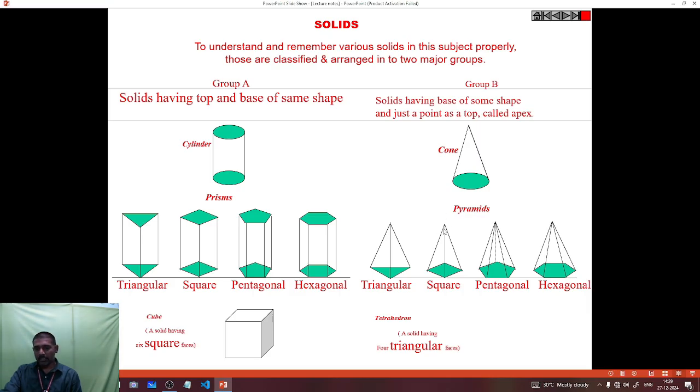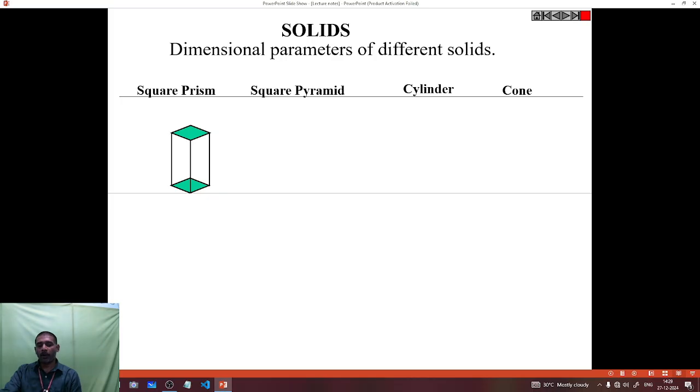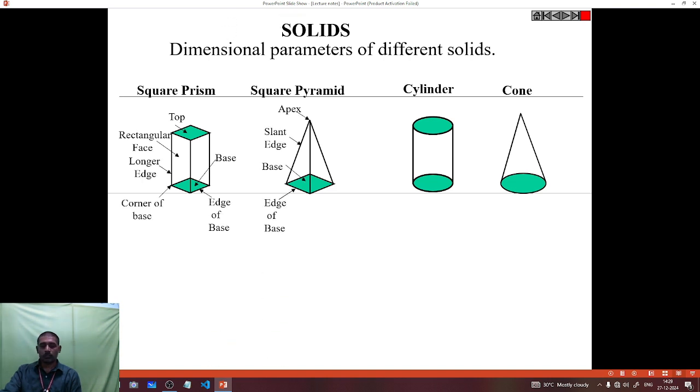It is a single point. So this is a pyramid. Next we are going to some other key points followed in developing the prism, the pyramid, the cylinder and the cone.